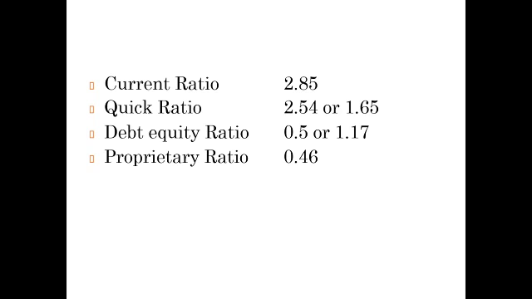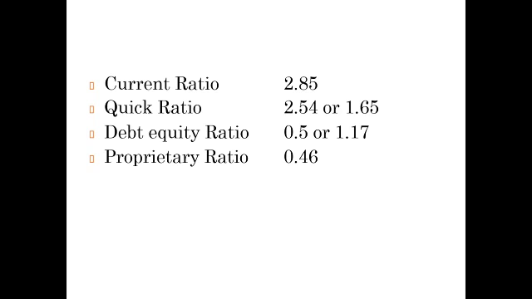Quick ratio 2.54, or 1.65 when you take current liability. Here when you compare with the standard ratio it is 1:1, but here also it is above the standard. Debt equity ratio 0.5 when you take the long term debt, but in some textbooks there is a provision to take total debt, long term debt plus current liability.